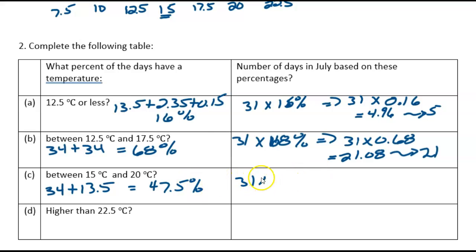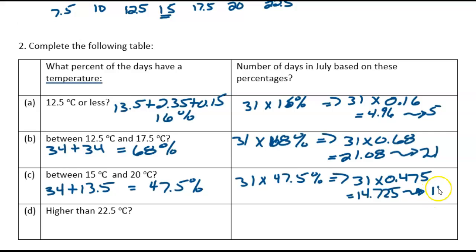So that's 31 times 47.5. So remember, you just take your percentage, divide by 100 to get it in decimal format. And you have 14.725. So we'll round that, because we're talking about number of days here, we'll round that to 15 days.